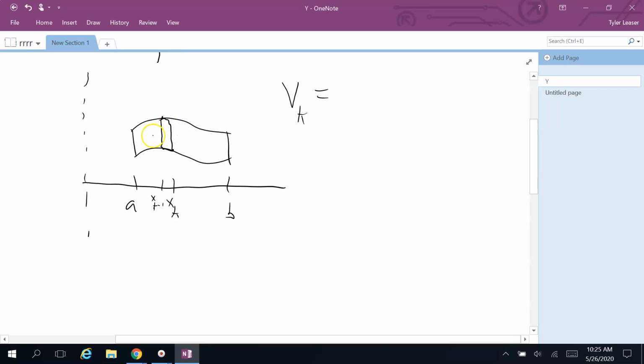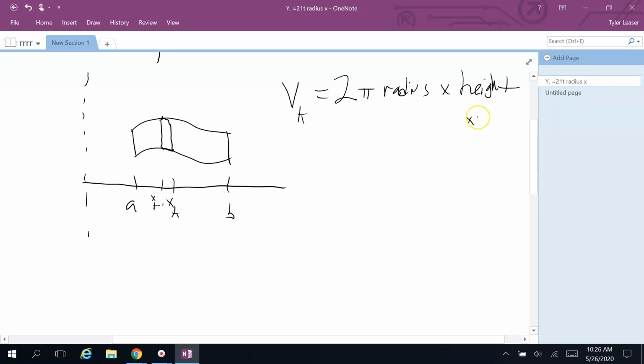The length is the circumference of the cylinder, which is 2 pi times the radius. If we stretch it out, the width is the vertical distance, which we'll call the height of the slice.